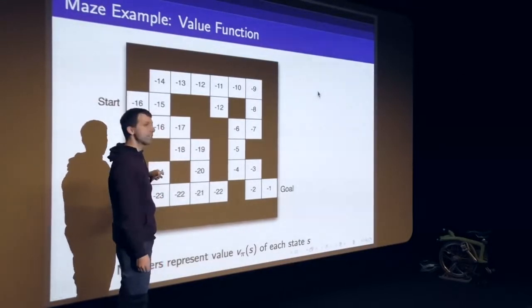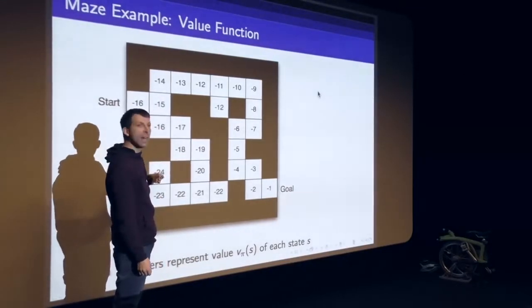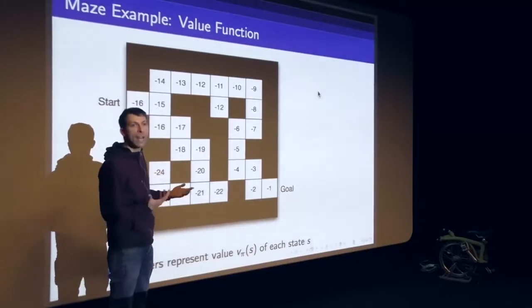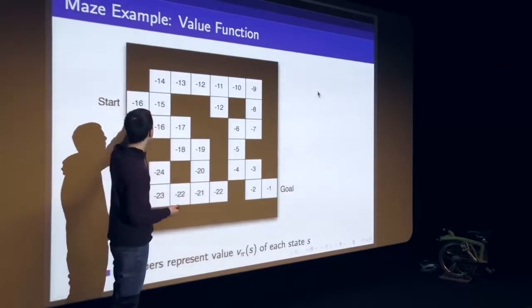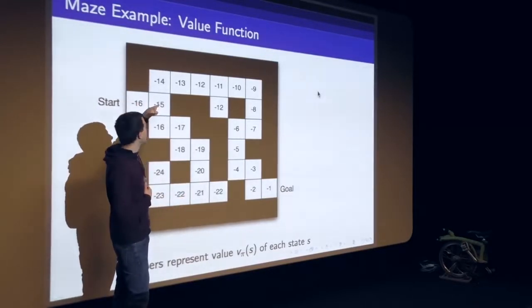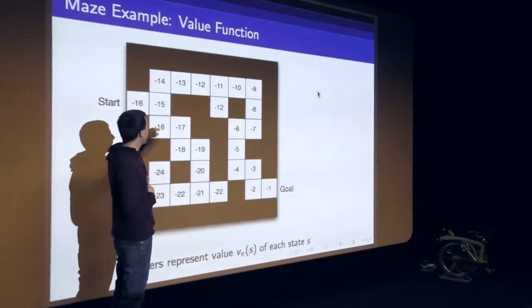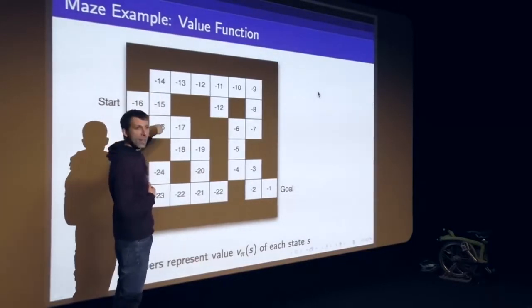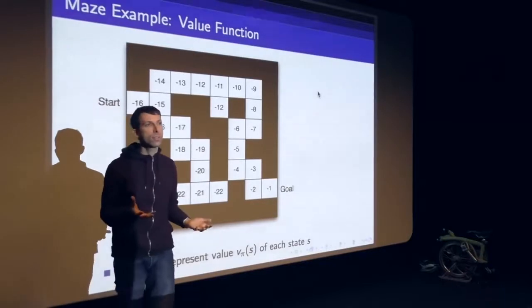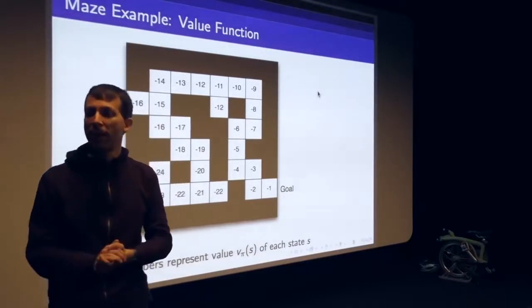We can have worse values. If we're stuck over here and we've gone the wrong way, we might have a value of -24. Now we have these values, it's very easy to build an optimal policy because, for example, when we get here, we can just look up what's the value of going north compared to the value of going south, and it's very clear that the value of going north is greater than the value of going south, and so this gives us a basis for optimal behavior.